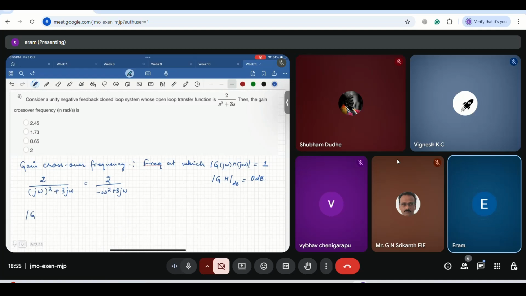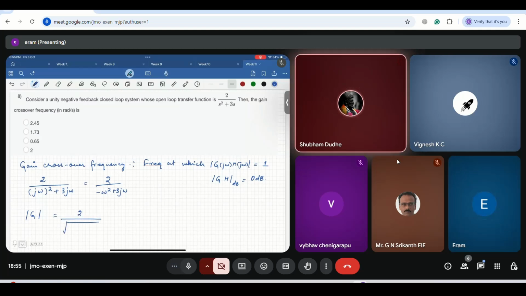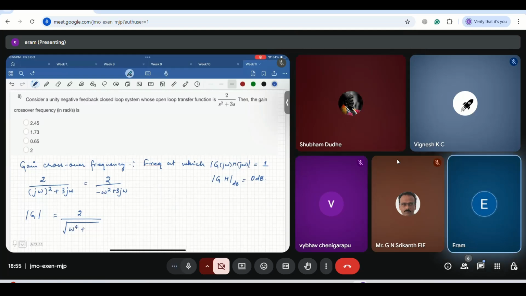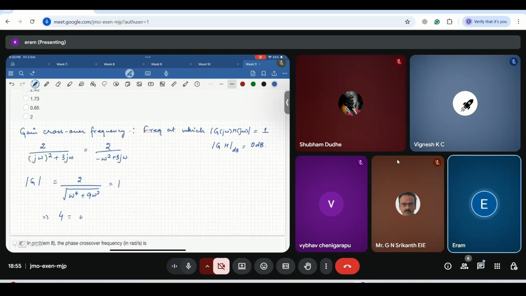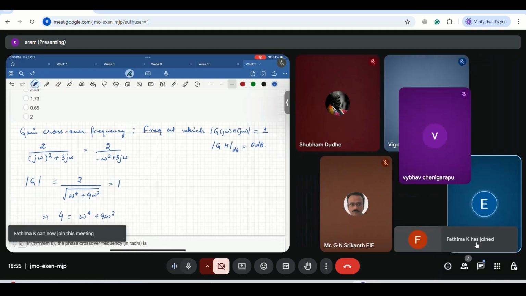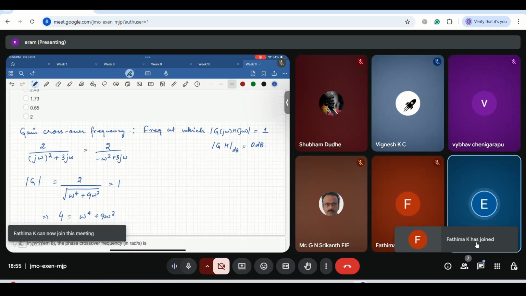Let's call it G. The magnitude will be 2 over under root of omega 4 plus 9 omega square, and that should be equal to 1. So let's square everything. It will be 4 equal to omega 4 plus 9 omega square. That means you need to solve omega 4 plus 9 omega square minus 4 equals to 0.